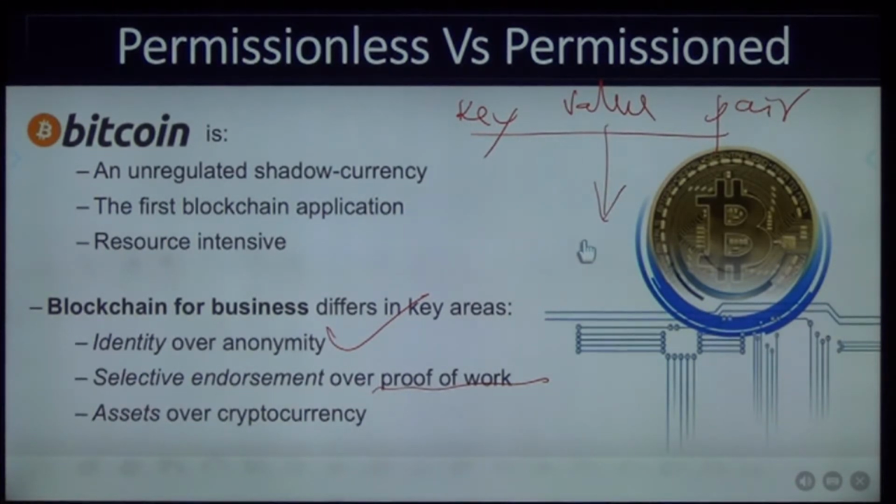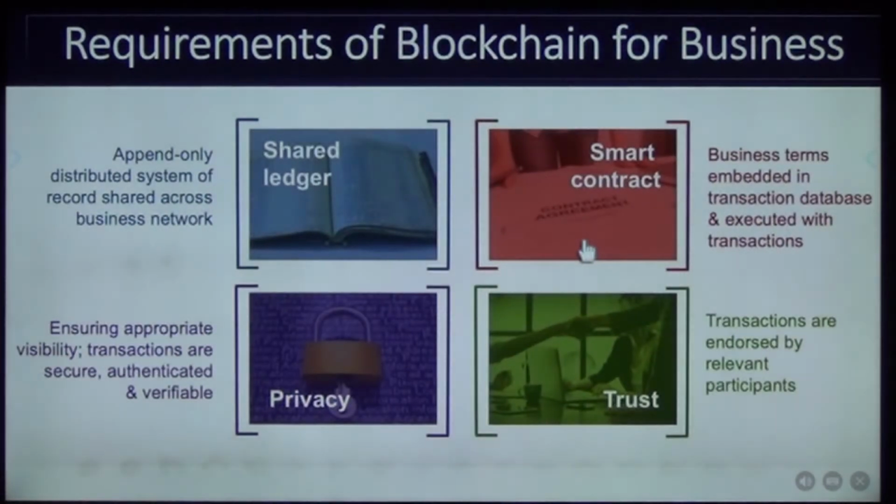The keys are the parameters, and any parameter changing value has to be recorded as a transaction. Okay, so this is for businesses. And as I have been saying right from the first lecture, my interest is not in cryptocurrency.